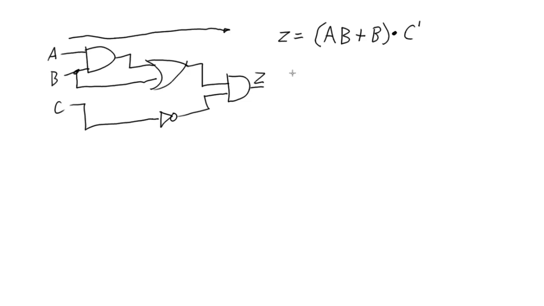And let's see what kind of steps we can do. Well, we could start distributing some things. You might immediately see that there might be something else we can do, but first we're going to distribute this C naught. So that means we've got A B C naught, ORed with B C naught.